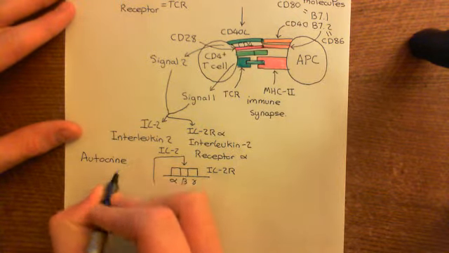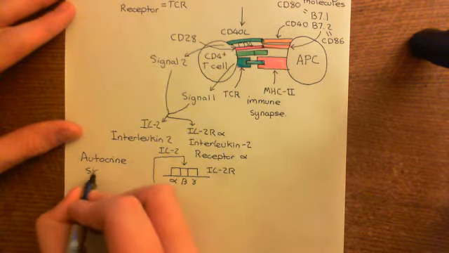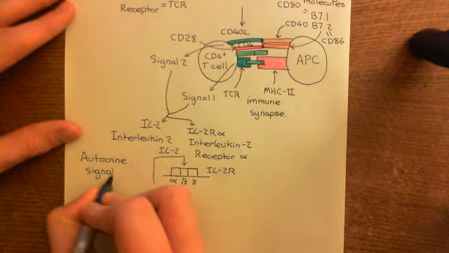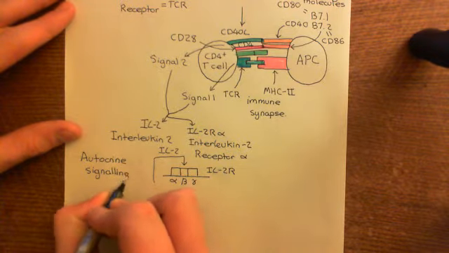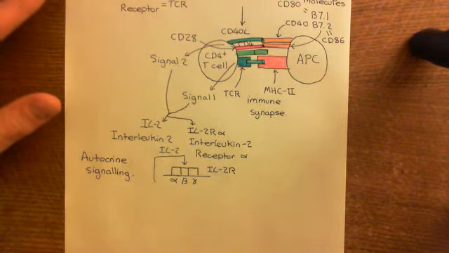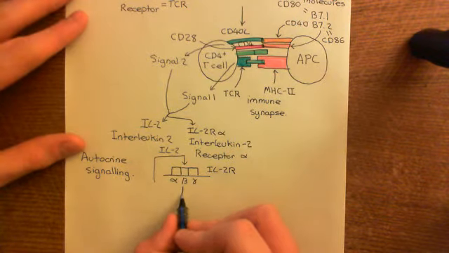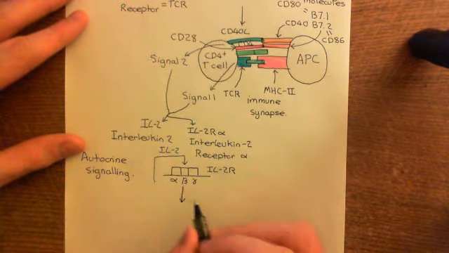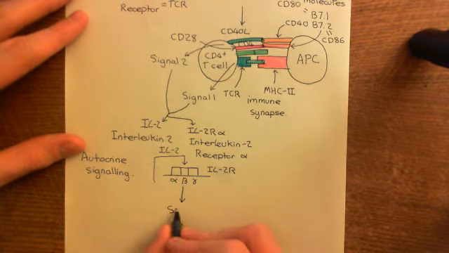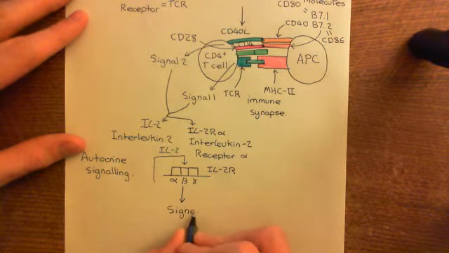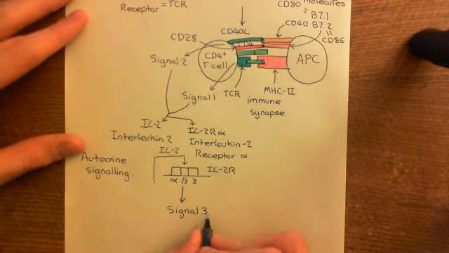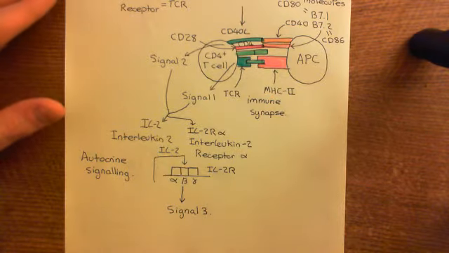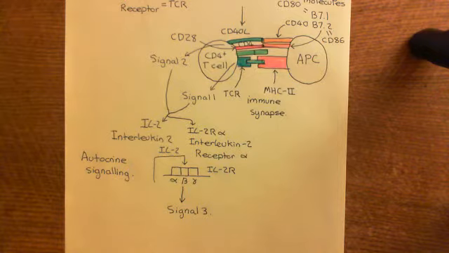So this is a signal on yourself. Okay, so autocrine signaling. Okay, and then what's going to happen is that the interleukin 2 receptor will lead to signal 3 going to the T cell, and then things start getting interesting. This will trigger the T cell to differentiate and then start dividing, which we'll discuss more in a moment.